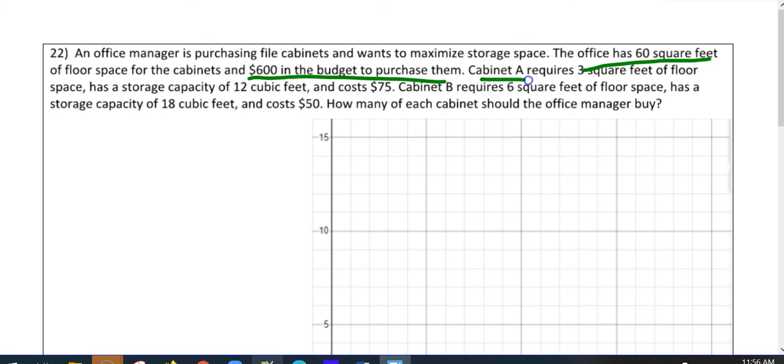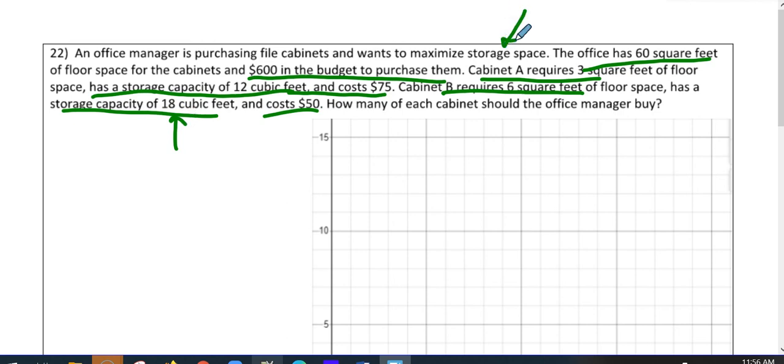Says cabinet A requires 3 feet, 6 square feet, 18 cubic feet, and costs 50. Now it doesn't really say it here, but we're trying to maximize storage. It does say it up here at the beginning.